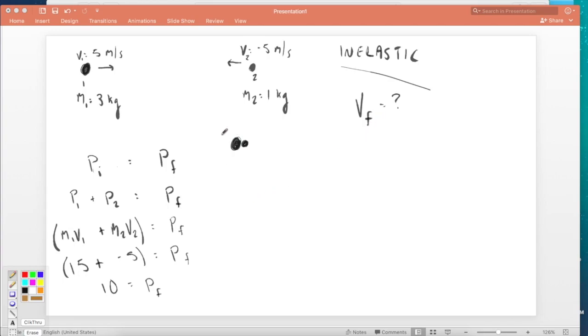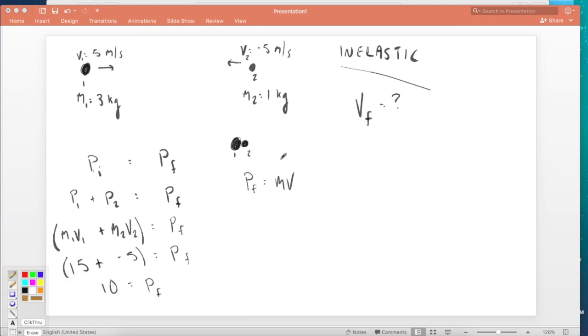Well, I know that this system has got to still have a momentum of 10. What does momentum mean? That means mass times velocity, right? Well, what is the mass that I'm talking about? What is the mass of this object? Pretty simple. What is this object composed of? After these spheres collided in an inelastic collision, they stick together. Here's sphere 1, here's sphere 2.